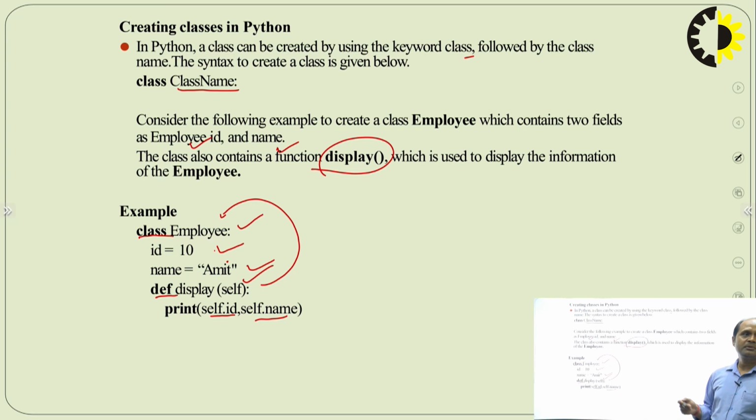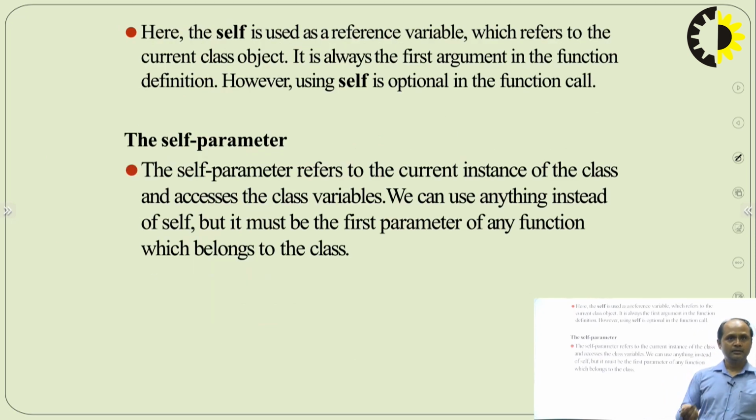What is the output of that particular class? This class gives the output of id equal to 10 and name equal to Amit. That means an employee working in the organization, whose name is Amit and id is 10. So like this, we can create the class and object concept.